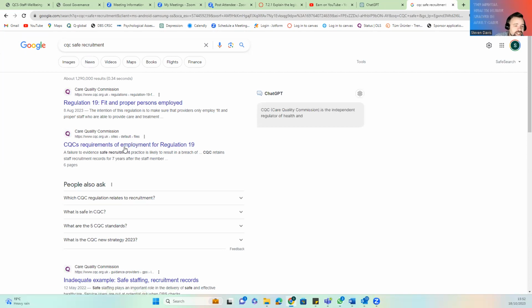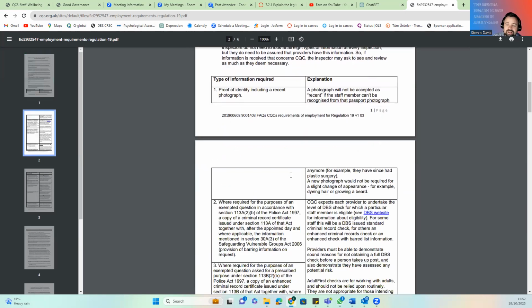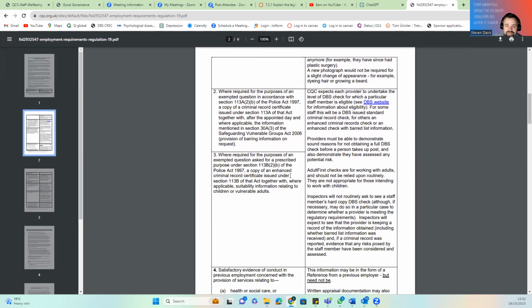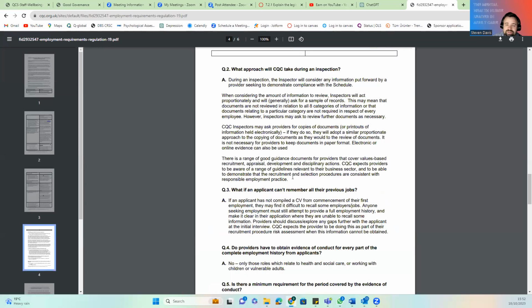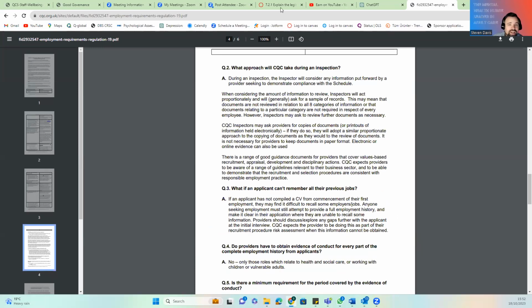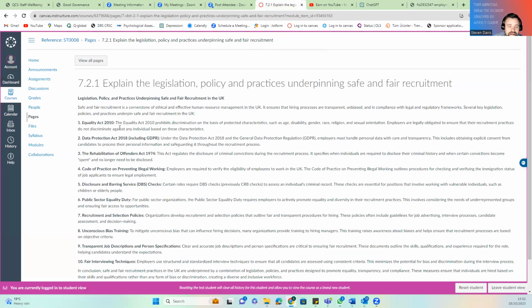Regulation 19, safe recruitment of employees, and that lists the policies in which you need to follow. So please make sure that you follow the safe recruitment policies, and make sure that you meet those requirements, because if you don't, CQC will definitely get you, and they are not taking any prisoners. So please make sure you read that.